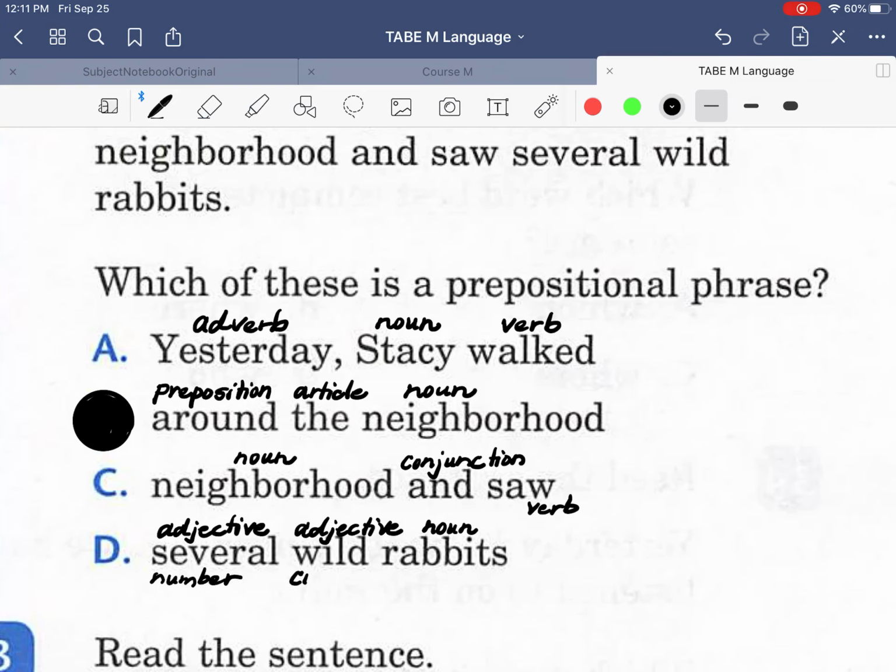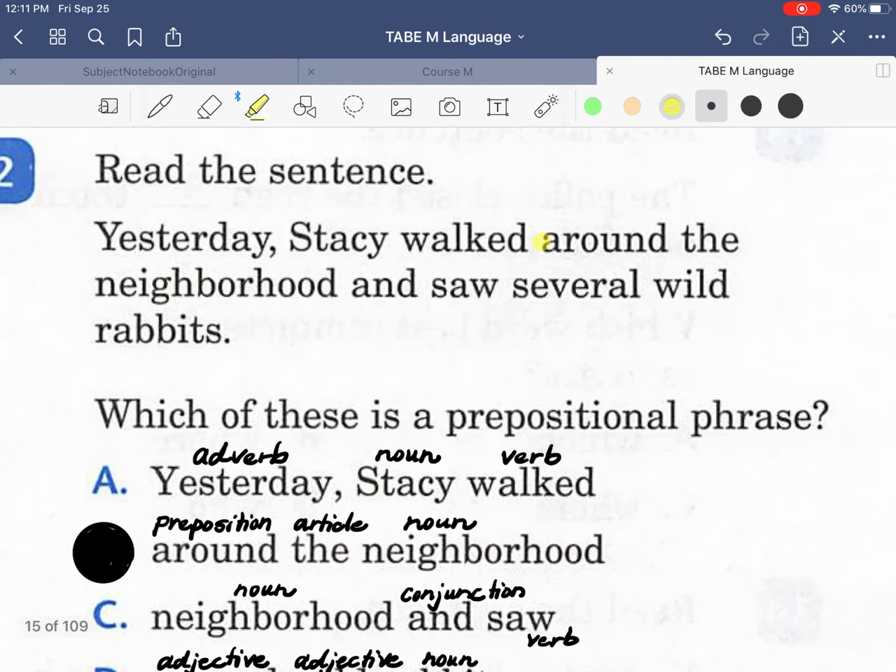Wild is a condition. Remember that timeline of adjectives where they have to be in the right order? They're fine. But the prepositional phrase that we're looking for is around the neighborhood.